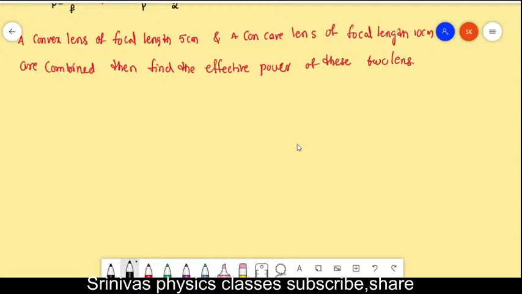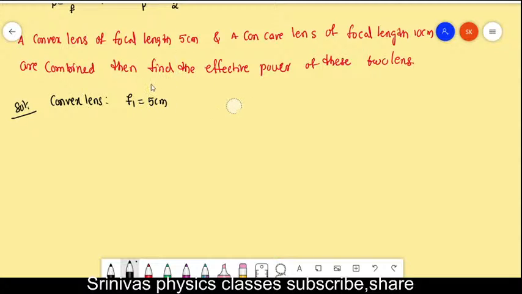What are they asking in this question? There is a convex lens. Solution we will go directly. First, convex lens focal length is 5 centimeters. To find the power of this one, 1 by f1 we have to take, but f1 should be in meters, so we convert into meters first.